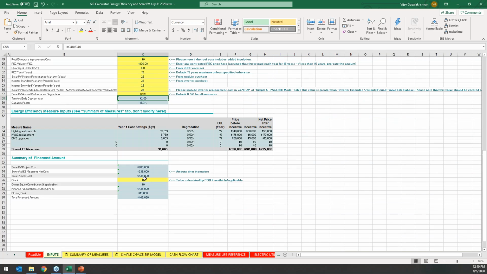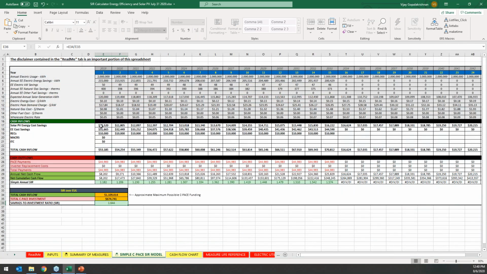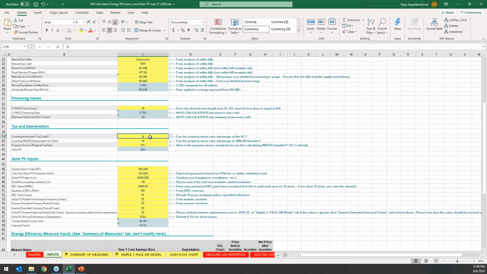Now that we've entered some of the solar PV specifics for this project, if you go to the summary, the simple CPACE-SIR calculator, we actually do have solar PV energy cost savings that have been incorporated. The RECs have been populated, and if we were to go back and also change the fact that we do want to include tax credits for the solar PV, you can include the tax credits.